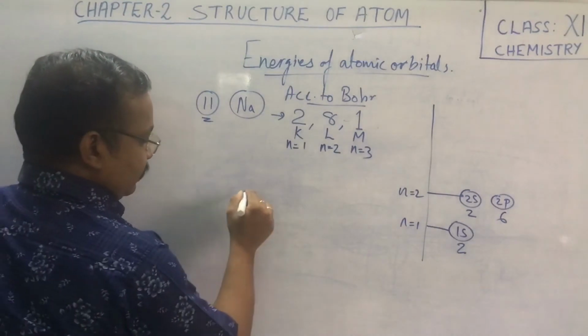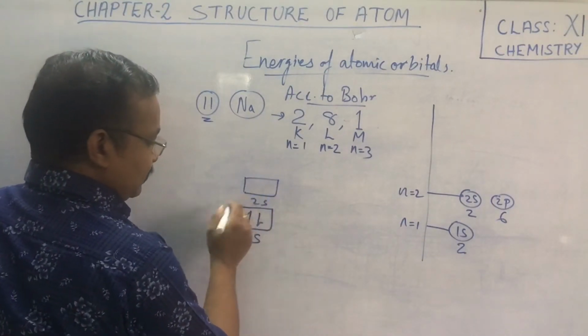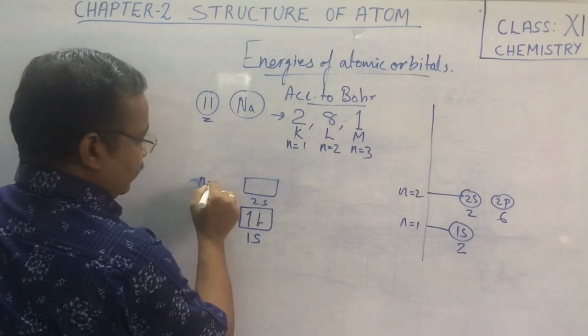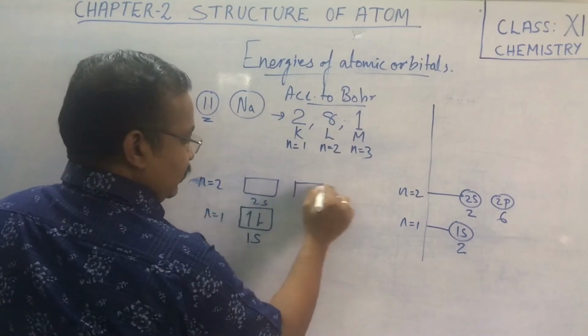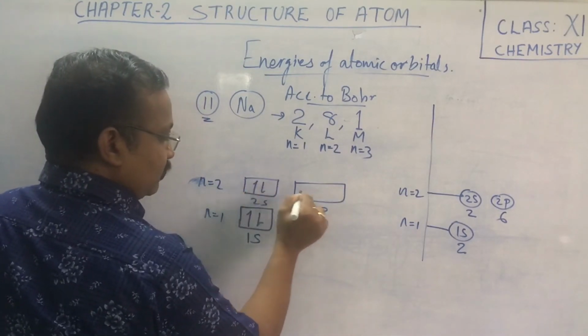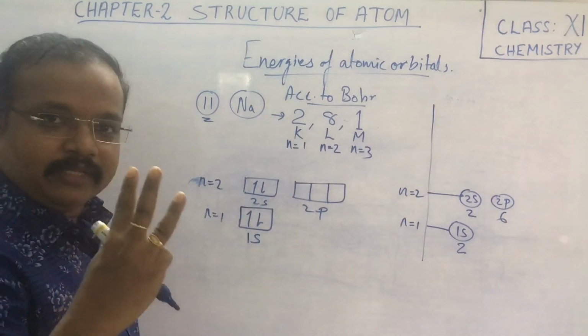And when you consider 2s orbital, this is n equal to 1 and this is n equal to 2. Here we can have 2s and 2p, where 2s can accommodate 2 electrons and p has 3 orbitals, okay.